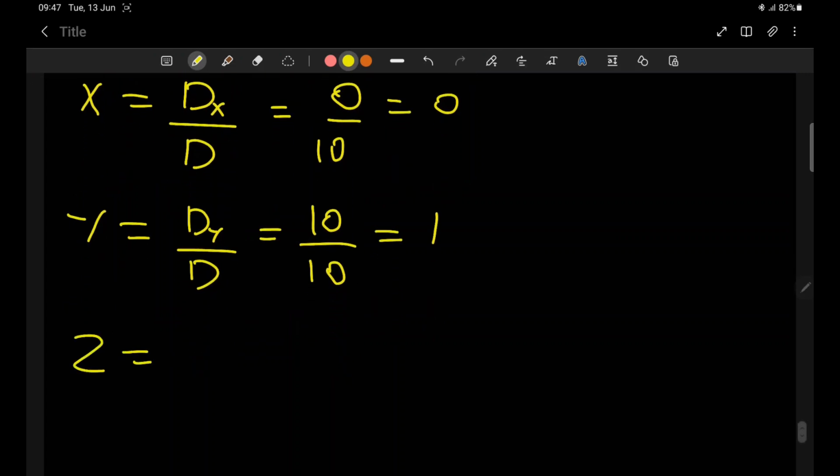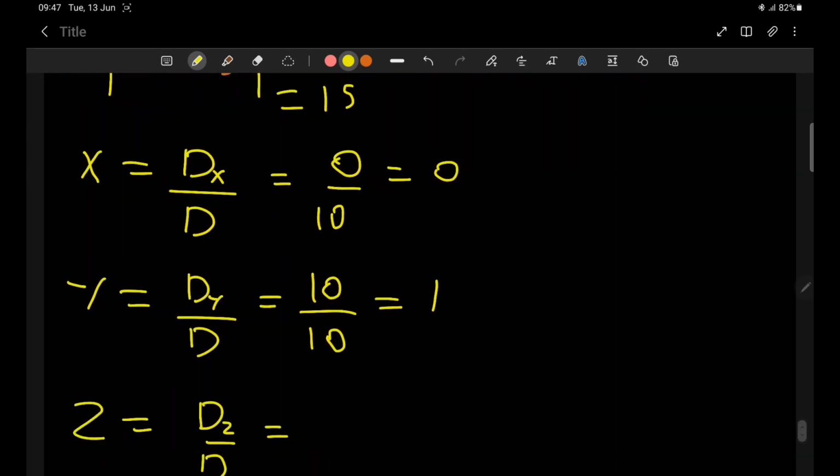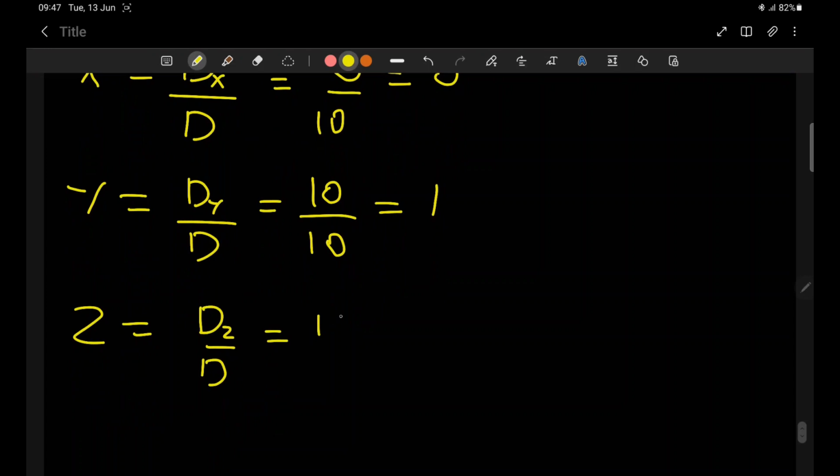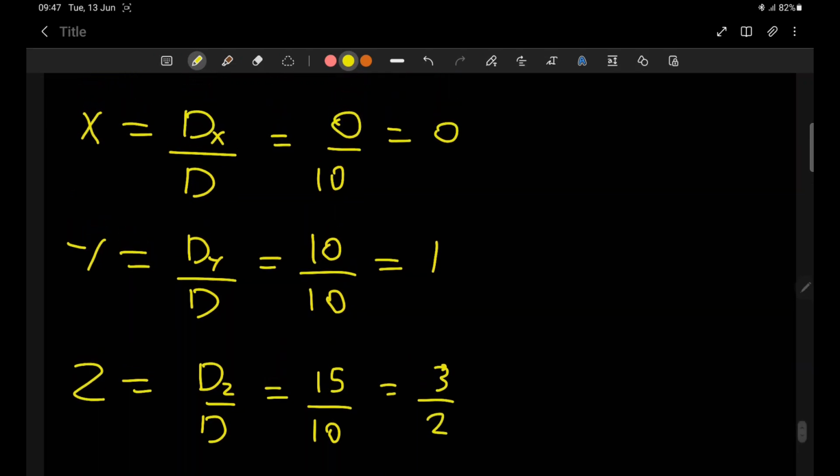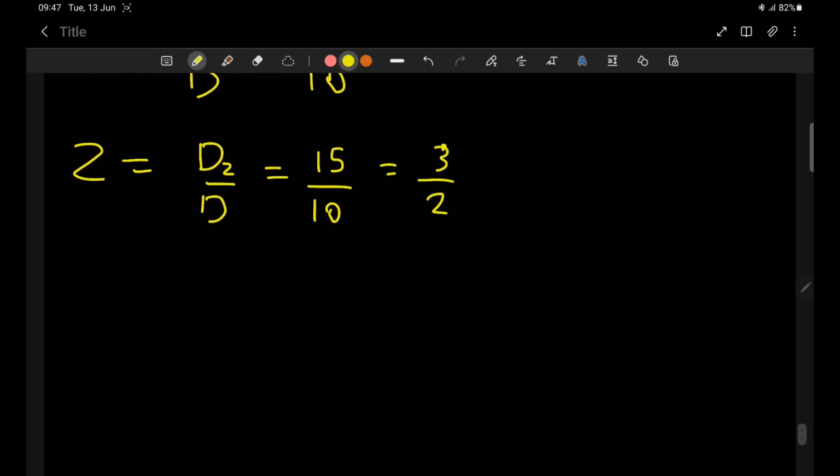Then z will be dz over d, where dz is 15, so we'll have 15 over 10, which, if we reduce by 5, will just be equal to 3 over 2. And these are our values for the expression.